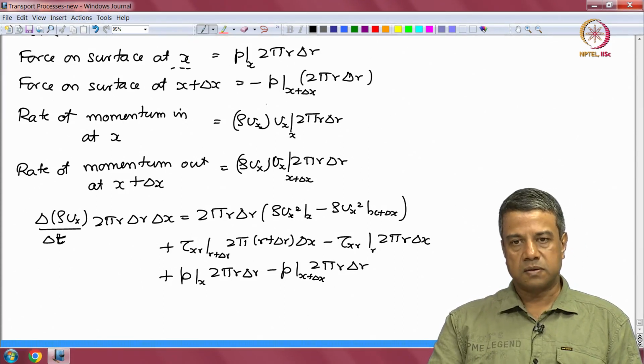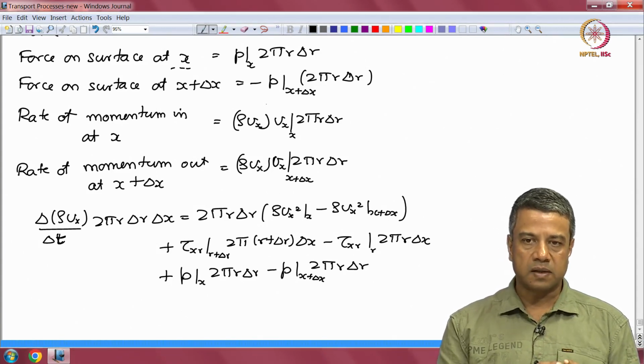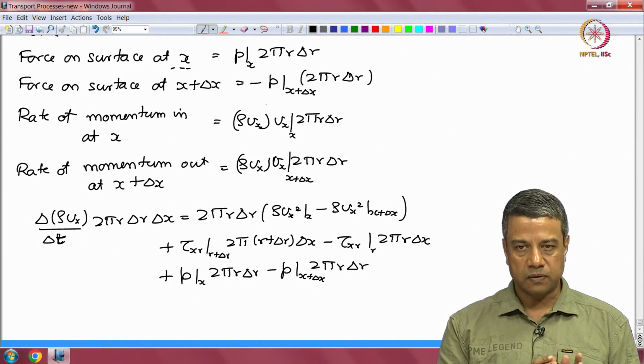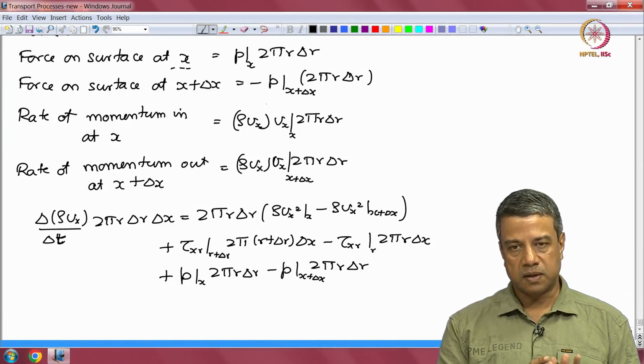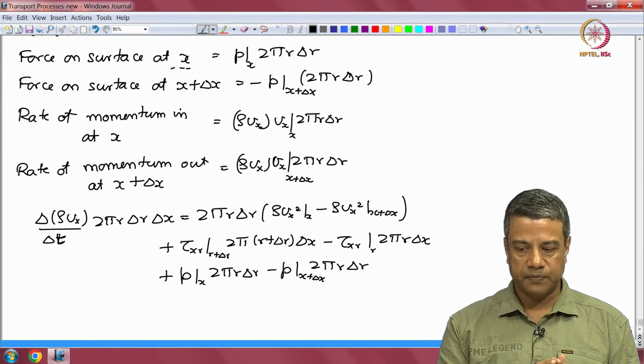The volume coming in on the left has to be equal to the volume going out on the right. That is a requirement for an incompressible flow, because you know that mass coming in and mass going out have to be the same. If the density is also a constant, then the volume coming in and volume going out has to be the same. In that case, the velocities have to be the same.